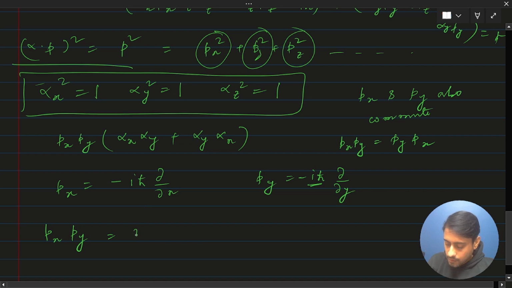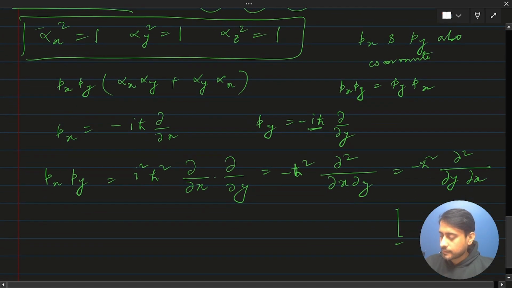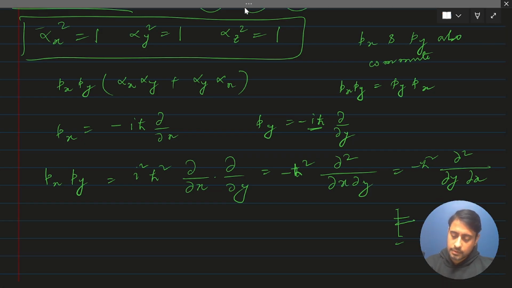It will give you i square h bar square del over del x into del over del y, and i square gives minus 1, so minus h bar square del 2 over del x del y, and you know that this is equal to minus h bar square del 2 over del y del x.